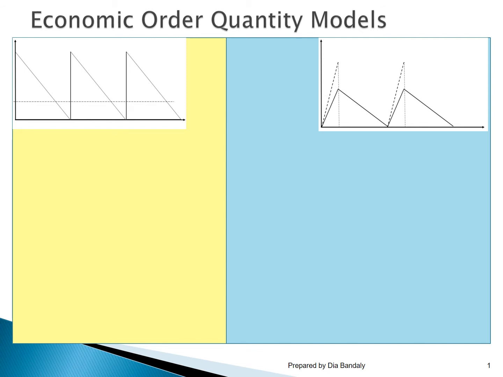Okay, so let me just re-emphasize one thing about the EPQ model. Remember, I was saying before that the EPQ model cycle is split into two parts. The first part is this. What's happening in this first part? Here we are making and consuming the item that we want to satisfy.